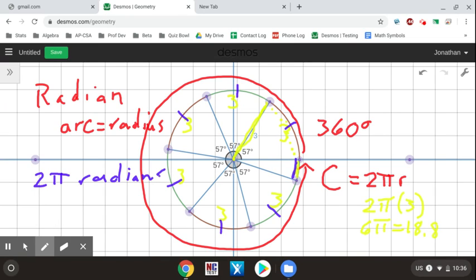I could take about 6 of those radius string lengths and put them around the circle, or exactly 6.2, or even more approximately 6.28 of those radius lengths, which is exactly 2 pi of those radius lengths, to make it all the way around the circle. So there are 2 pi radians in a circle, and that means 2 pi radians is equal to 360 degrees, because those are equal to each other.